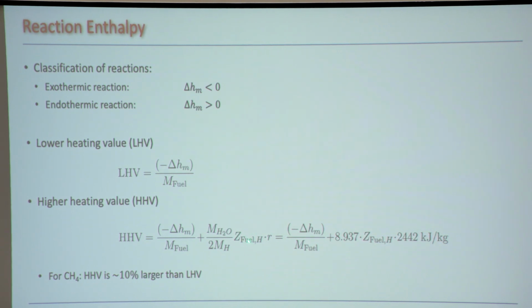So the element mass fraction, converted to water mass fraction, times the latent heat per kilogram of water. That makes it very easy to compute, because these are all constants except for this. And that term here is typically, let's say, like 10%. So it's a big thing.